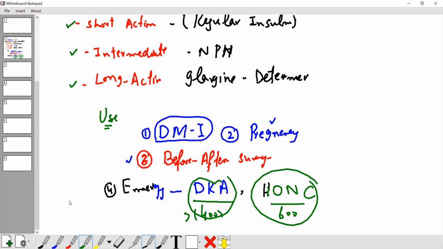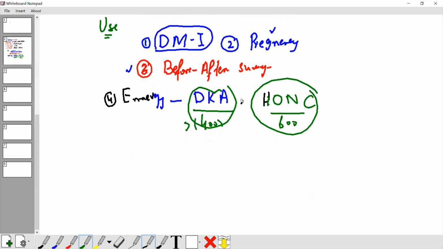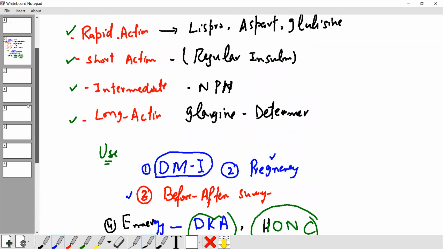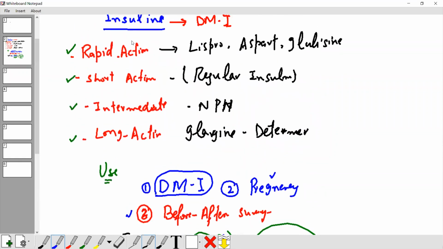So we need rapid control of glucose in an emergency situation, so we use insulin. Which insulin do we use for DKA and hyperosmolar non-ketotic coma? We use rapid action or short action, not intermediate, not long acting.